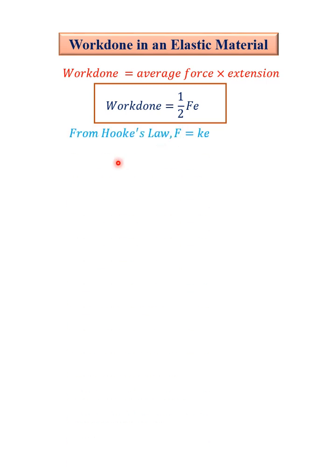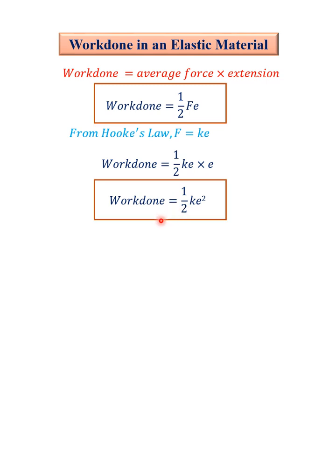But we can recall from Hooke's law that the force is equal to the elastic constant K times the extension. So if we put this Ke into this equation, we can rewrite the formula for work done as half Ke times E, where Ke represents the force and E represents the extension, so that the work done becomes half Ke squared, where E squared is E times E. So this is another important formula used in calculating the work done in an elastic material.